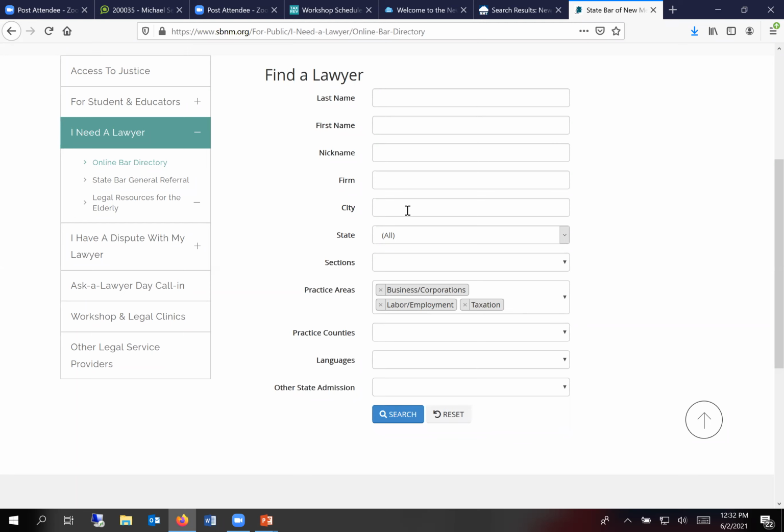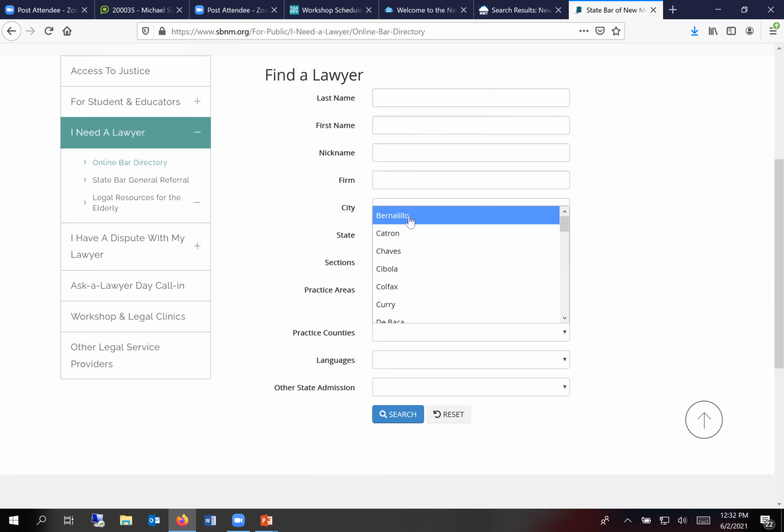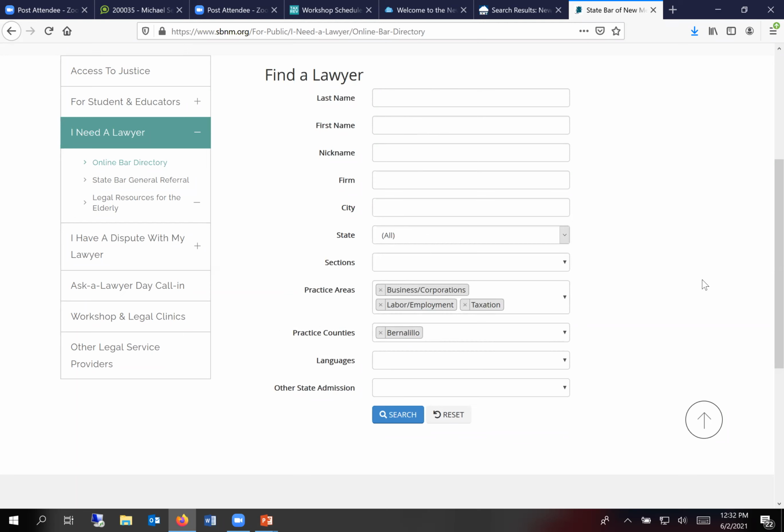And then you could go by state, city, firm. There's many options here, but the only two options I like to use when using this database are practice areas and practice counties. So we're going to use Bernalillo County as an example. In the smaller, more rural areas of New Mexico, the attorneys are few and far between.